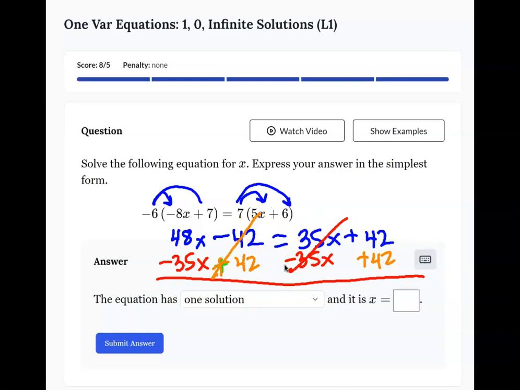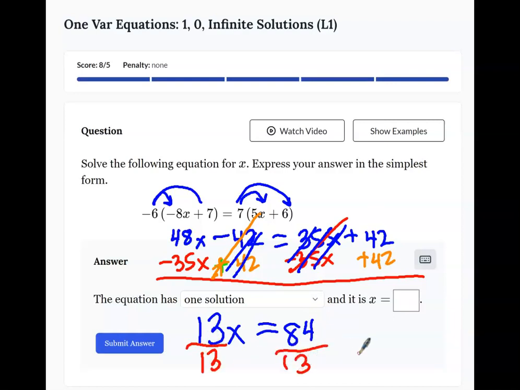I have additive inverses on both sides, so I know that's fair. So 48 minus 35 is 13x. These 42's cancel out, these 35's cancel out, and 42 plus 42 is 84. So to isolate my variable x, I'm going to divide both sides by 13, and there's my answer.